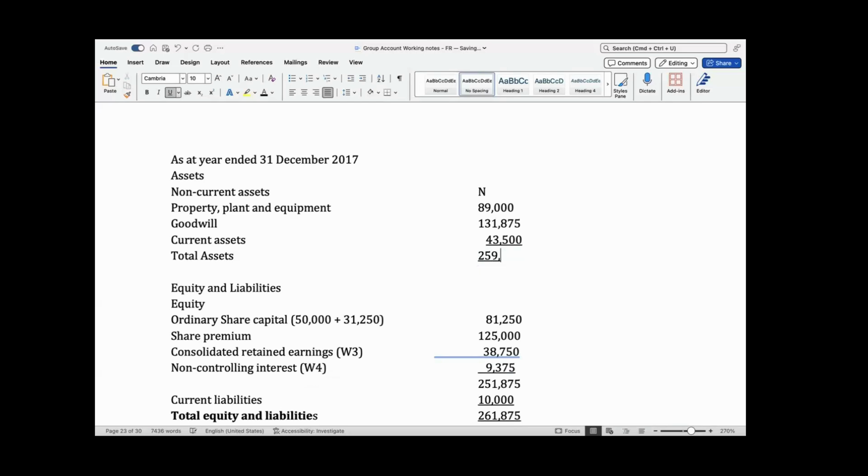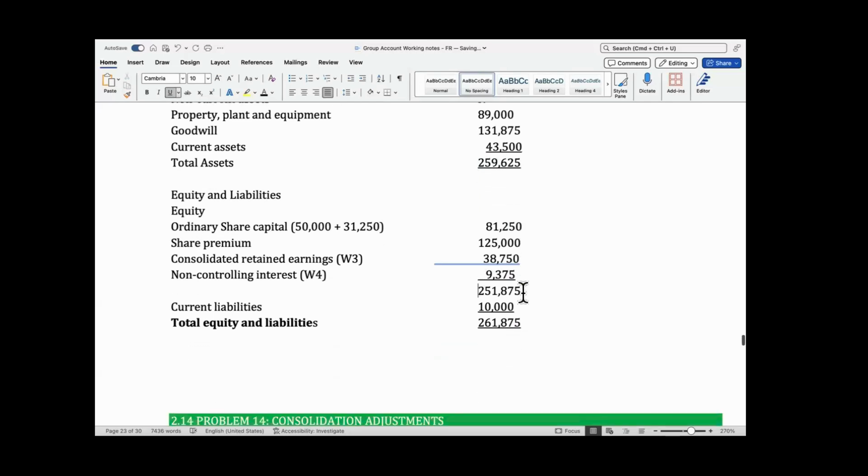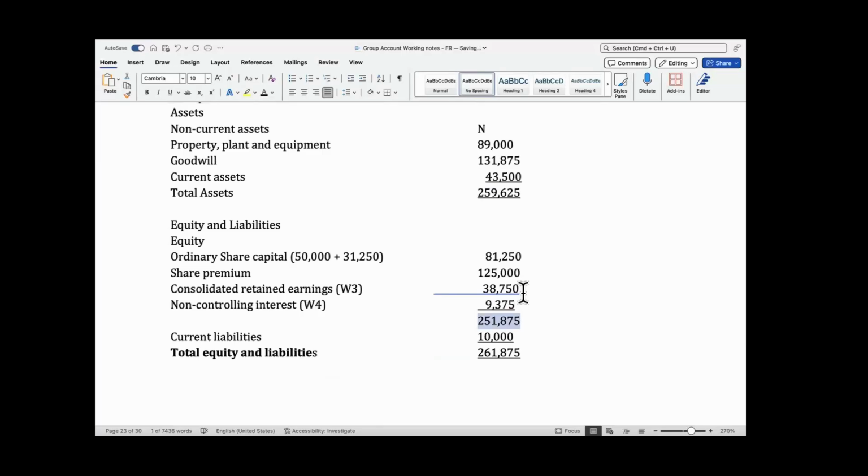Can you give me the figure here? 264,375. And this gives us 274.